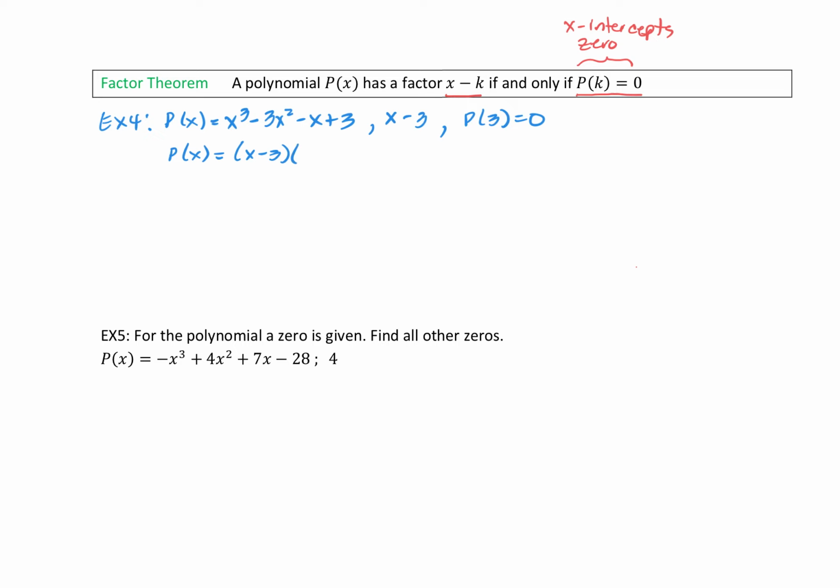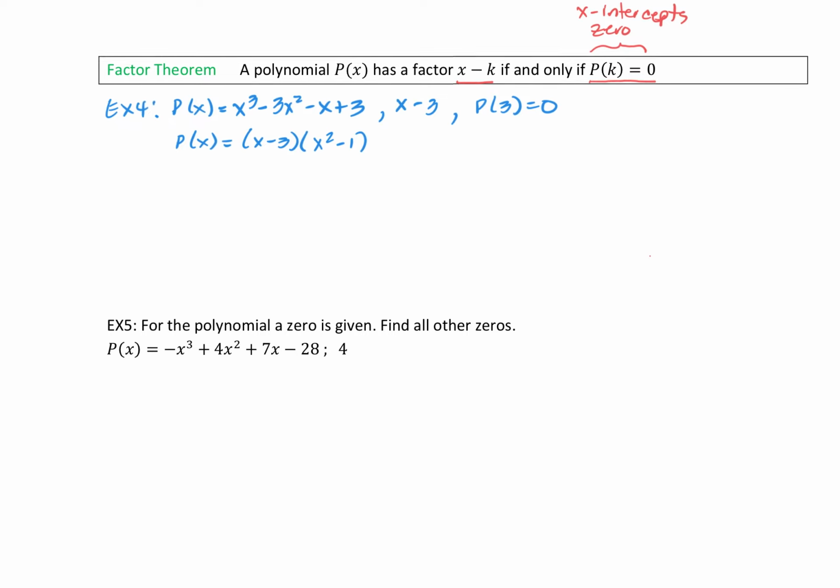Remember, whenever we factor, it's always parentheses following. So I pull out the x minus 3, that factor. What remains in parentheses is that quotient, x squared minus 1, that we got when we did our synthetic division.